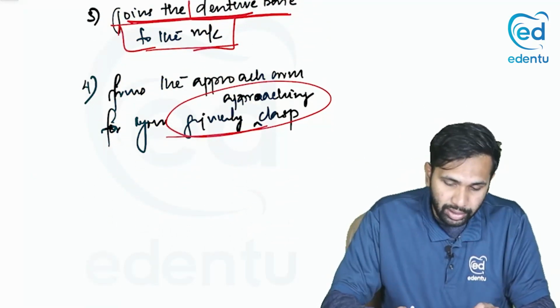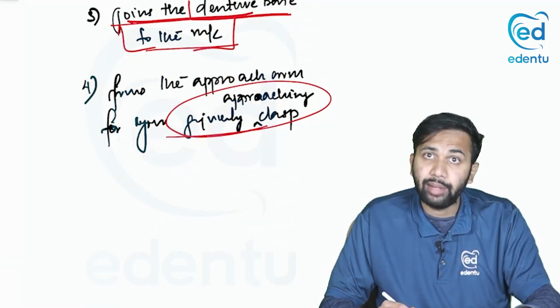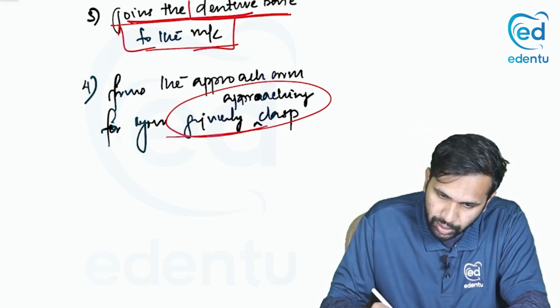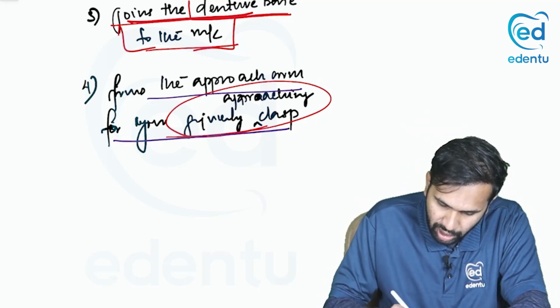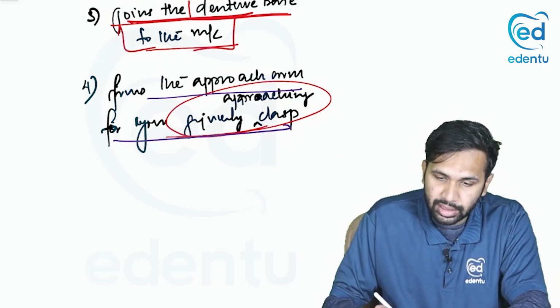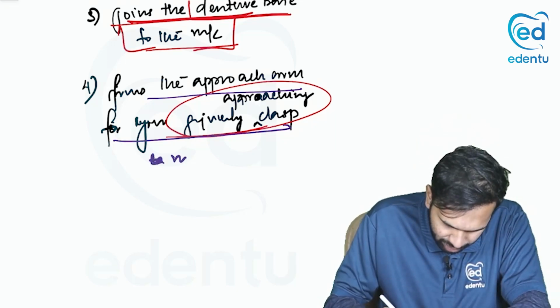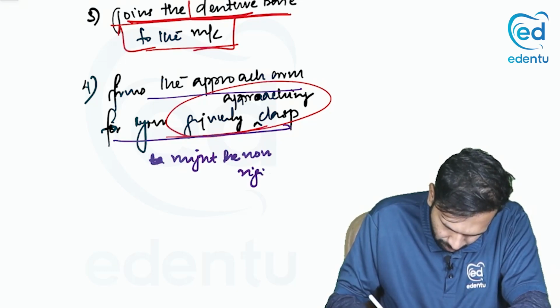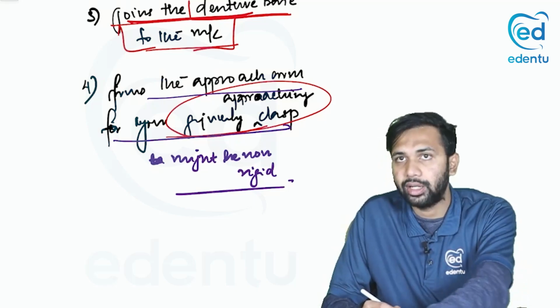And one thing I want you to know is that the minor connector mentioned last, which forms the approach arm for your gingivally approaching clasp, might be non-rigid.